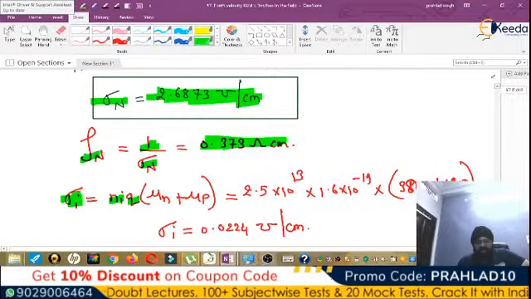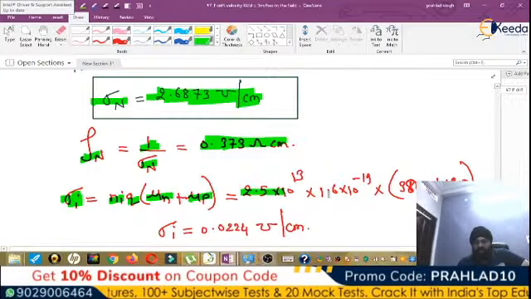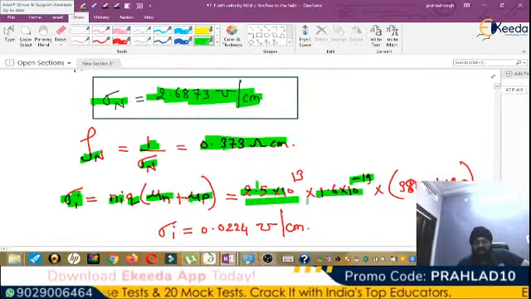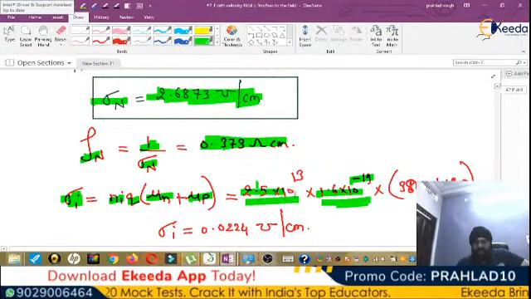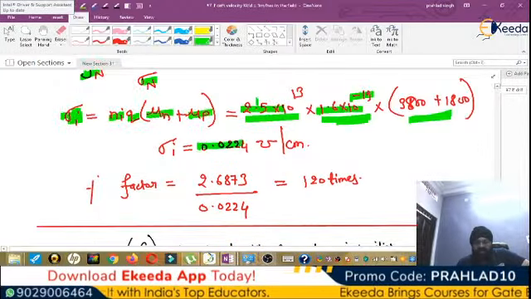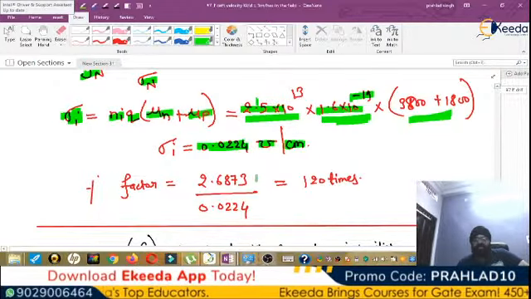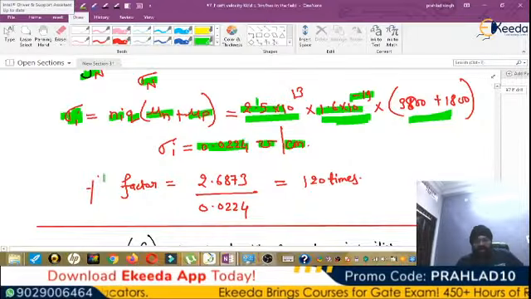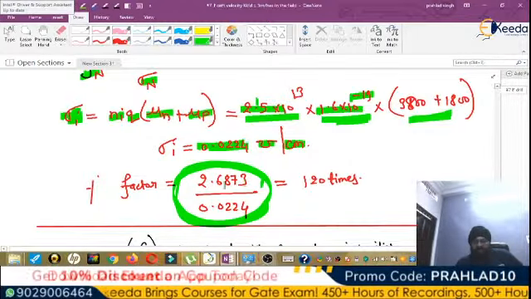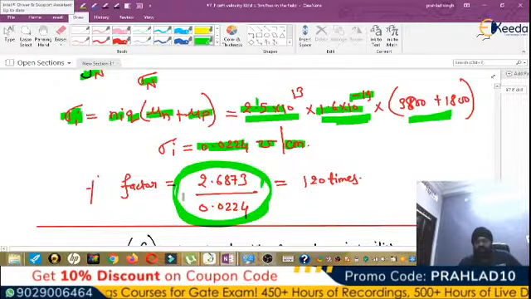Intrinsic conductivity is Ni q into mu n plus mu p. So this we can calculate. Ni is the intrinsic concentration, q is the charge, and mu n and mu p. We will take the sum, and the answer is 0.0224 mho per centimeter. And the question is in how many times the conductivity will increase due to doping. So we'll just take the ratio.